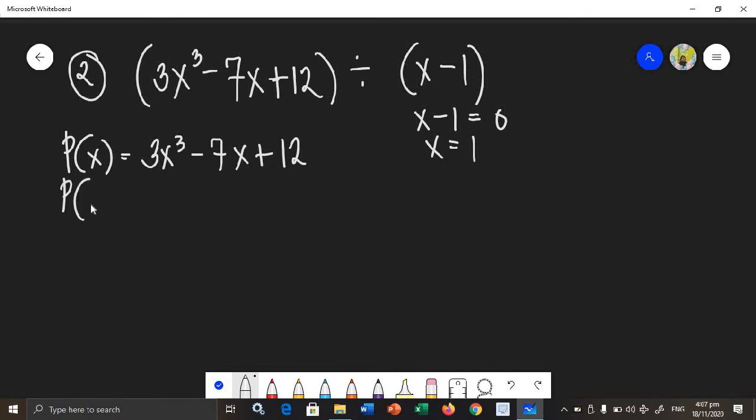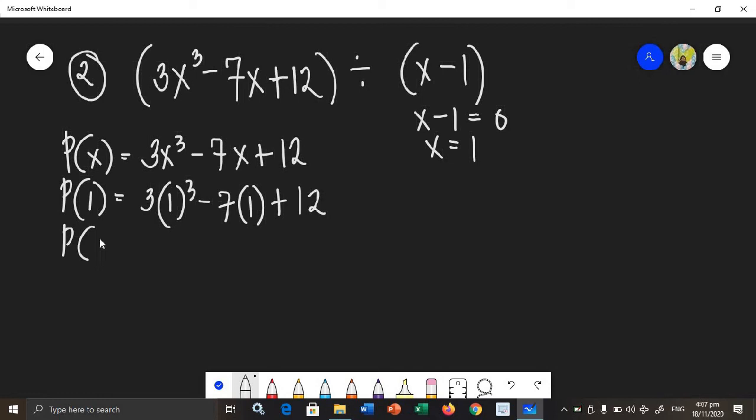So we have p quantity 1 equals 3 times quantity 1 cube minus 7 times quantity 1 plus 12. So p quantity 1 equals 3 times 1 cube is simply 1 minus 7 times 1, that is 7 plus 12.